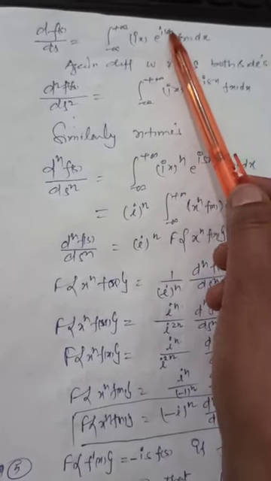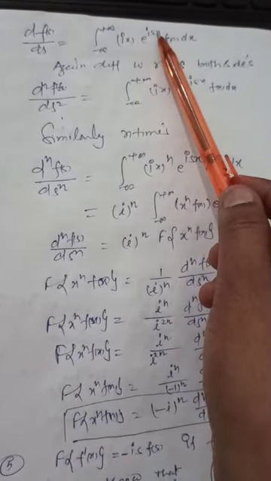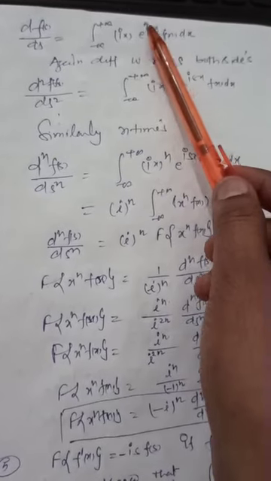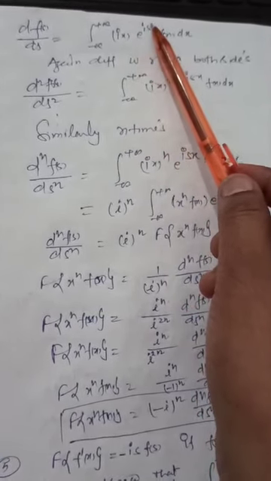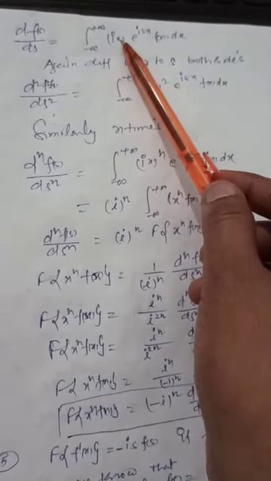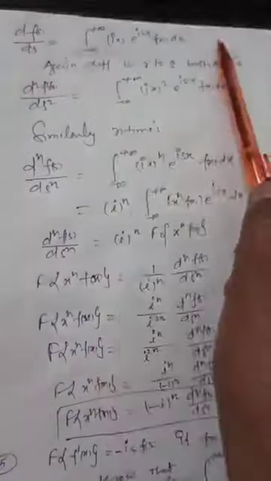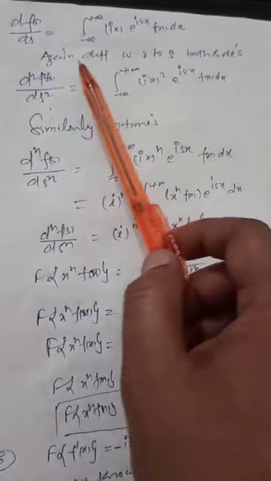So here s is here. If we differentiate e raised to exponential i s x, then you again get the same result, exponential i s x, and the other remaining thing you get is i x. This is the differentiation on the right side. Again differentiate with respect to s on both sides.